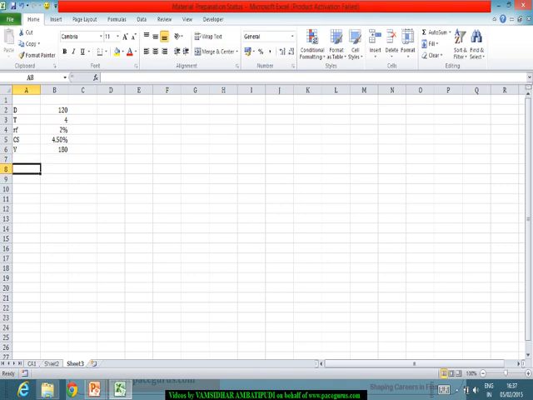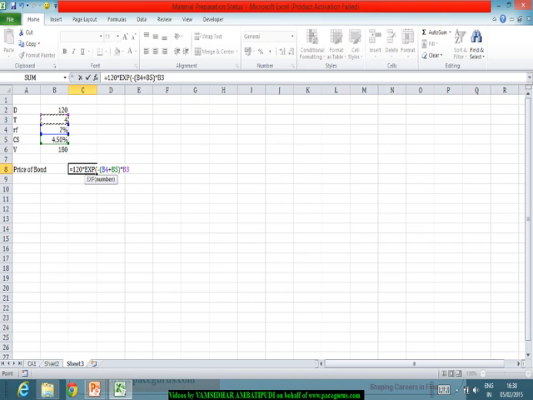Now, first thing, if I want to find out the price of the non-option bond, the price of the bond as of today, without looking anything into the option, it becomes 120 into e to the power of minus R, where R is both the risk-free rate of return along with the credit spread, e power minus R times T.